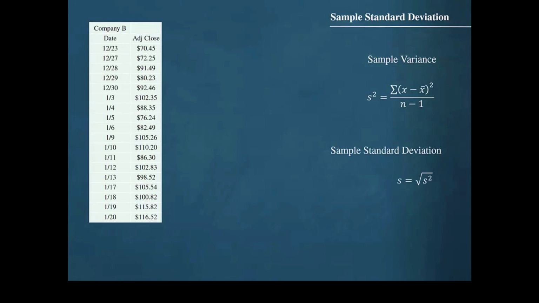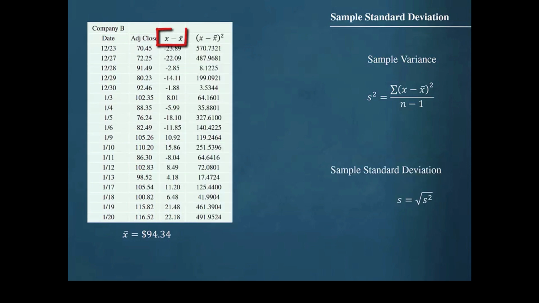Now, let's do the process again for Company B. The sample mean is $94.34. We subtract the mean from each data value. Then find all the squares of these deviations from the mean.